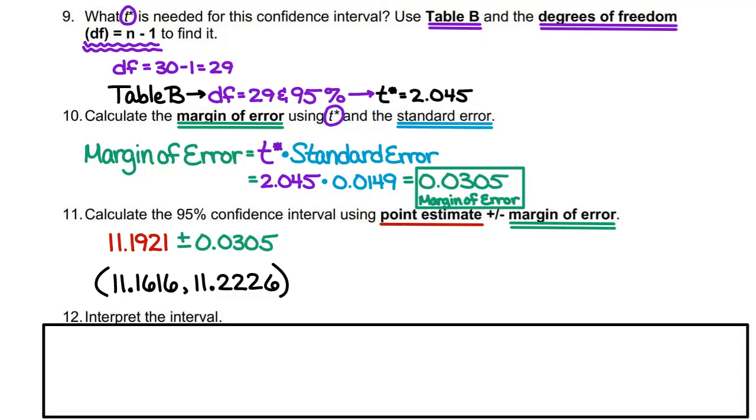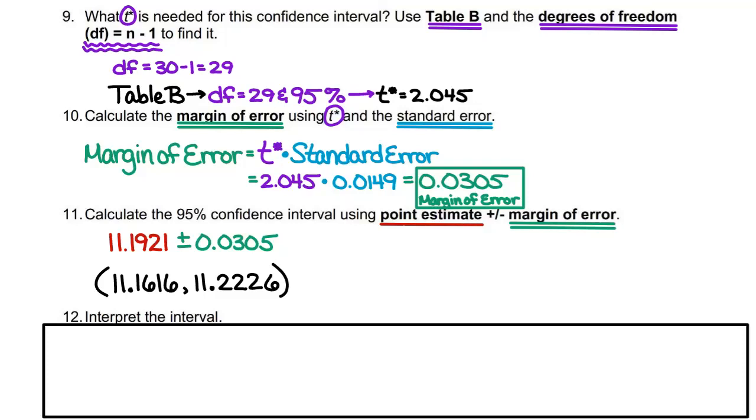How would we interpret that confidence interval? Does anybody remember how to do that from chapter 8? Captures the true mean weight of. Yes, I love it.